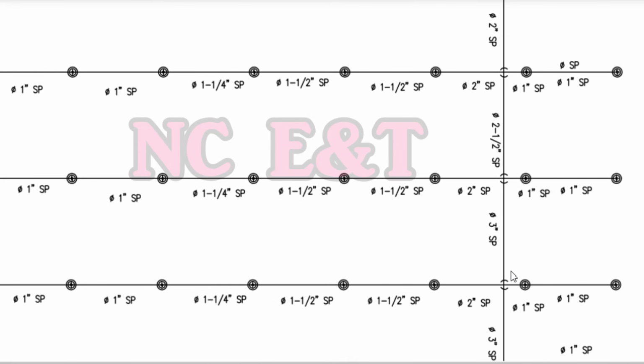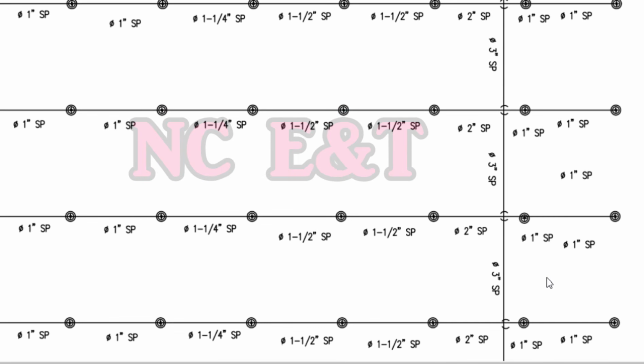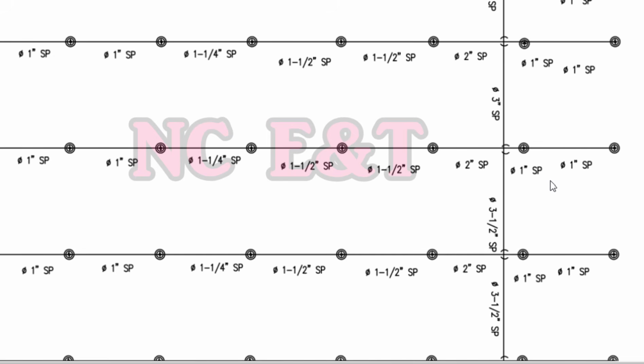Then when we add the 4th branch, the number of sprinklers will be 32. Again it is less than 40, so we will use the pipe size of 3 inch. When we add the 5th branch, it will be exactly 40, and we have seen from the table that up to 40 sprinklers we can use the pipe size of 3 inch. When we add the 6th branch, the number of sprinklers will be 48, so we need to find the pipe size for the total number of sprinklers.